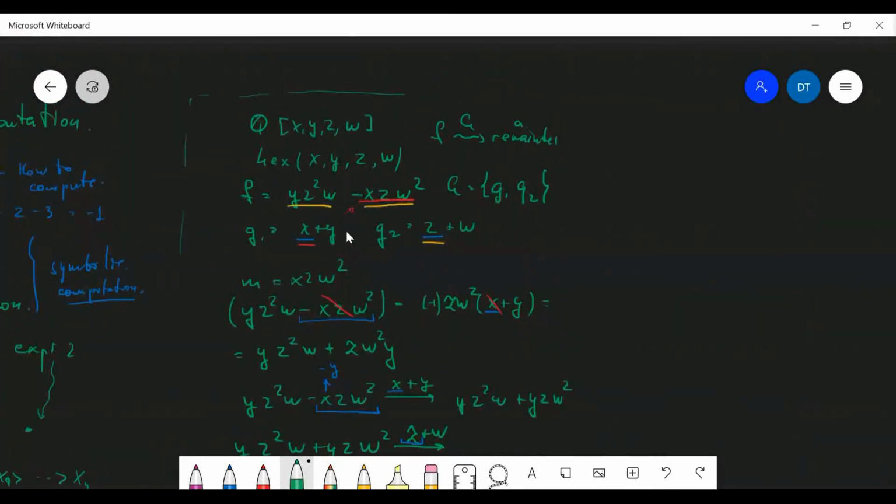I wanted to show you which monomial is divisible by the leading term. Here the leading term is x, and only this one is divisible by x. Here the leading term is z, and both monomials are divisible by z. So I can reduce this thing with respect to g1, but I can reduce either of these monomials with respect to g2. Okay, this is clear, but what is the leading element in F?